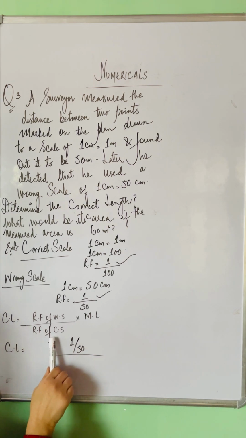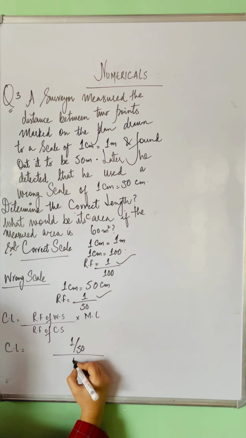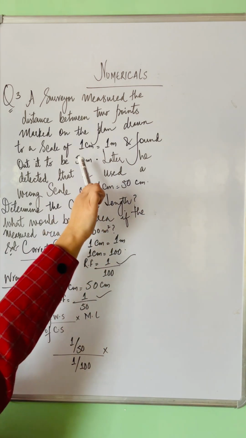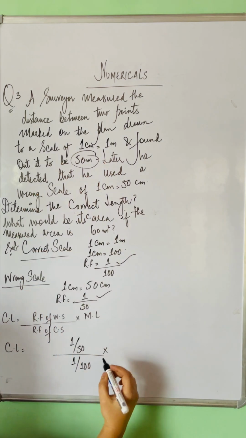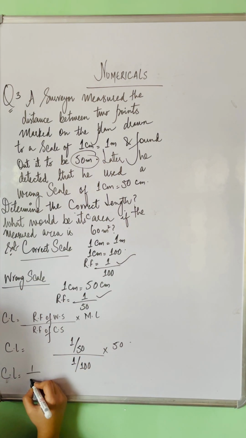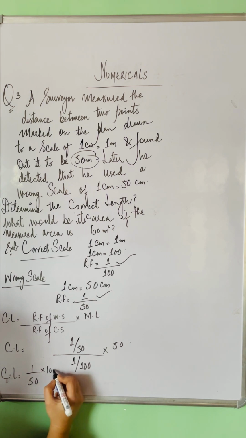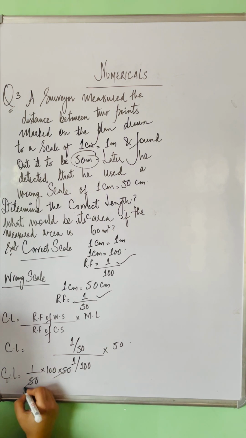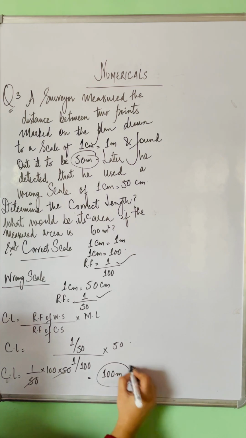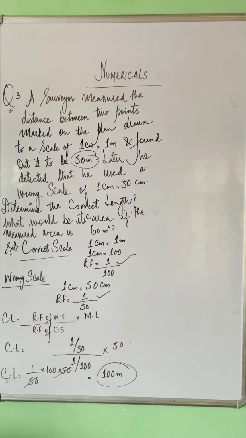What is the representative fraction of our correct scale? 1 by 100. What is the measured length? 50 meters. So correct length will be 100 meters, right? This completes the part A of the question.